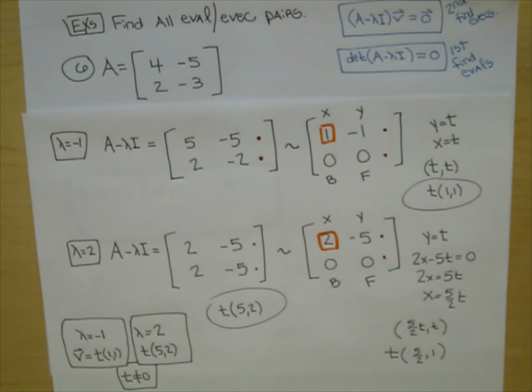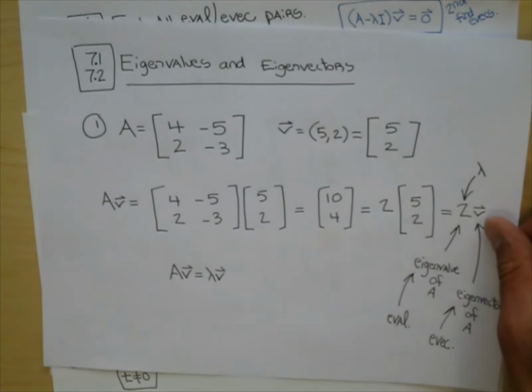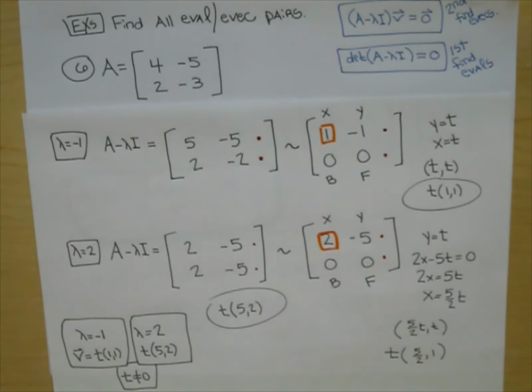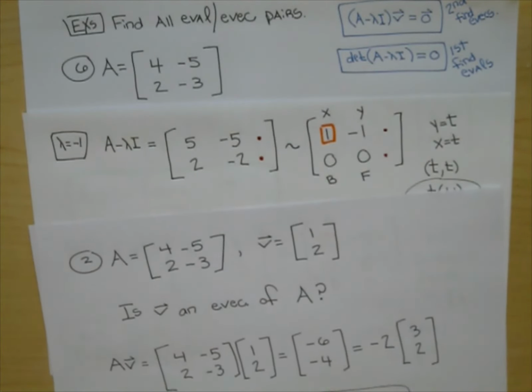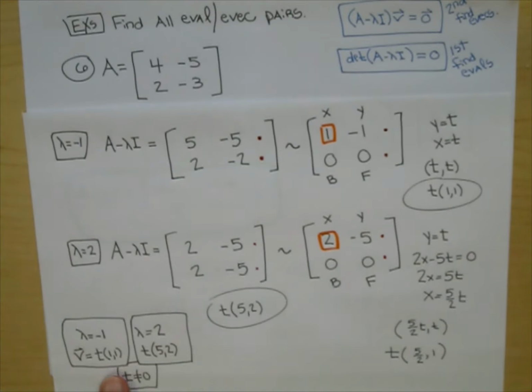We could have also made this vector be any multiple of 5, 2. So we see the verification here. This is exactly the same matrix we were given in problem number 2, where we found out that 1, comma 2 is not an eigenvector. Do you see 1, comma 2 here? No, we cannot get 1, comma 2 in any of those.